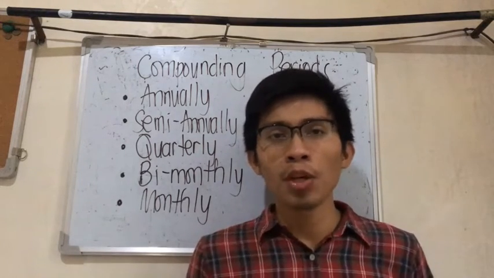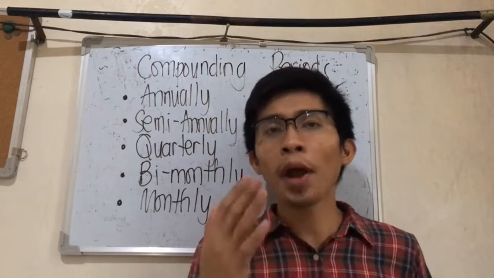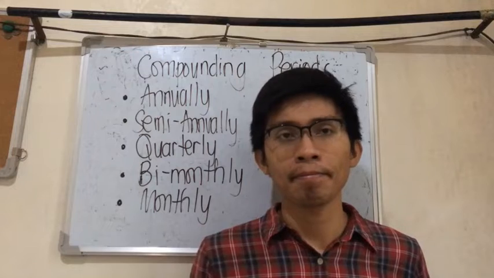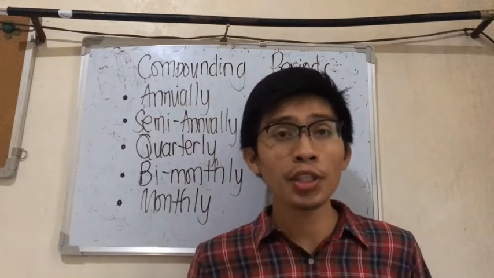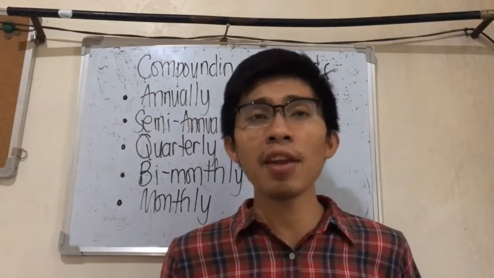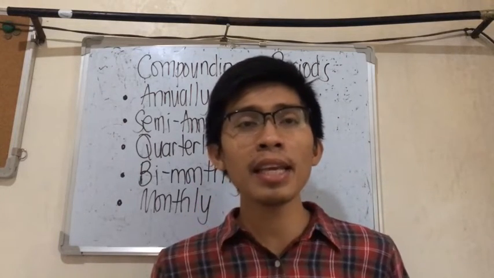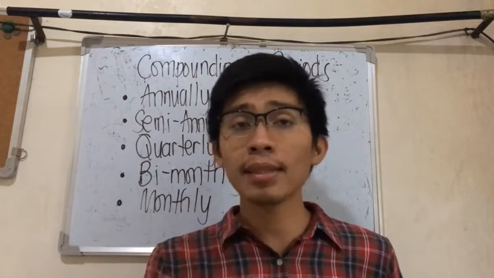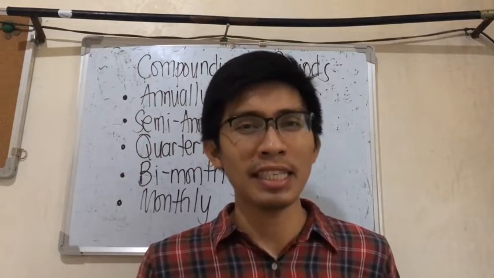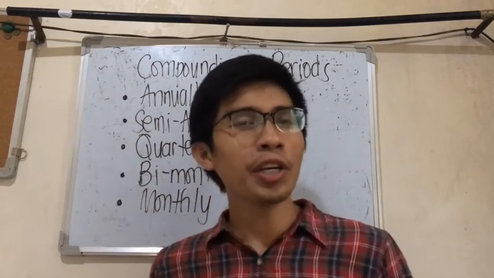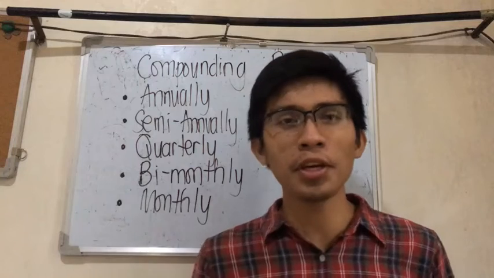You observe the problem, where is the adverb of frequency, or those words that end with ly. And once you identify that one, automatically, those adverbs of frequency in a problem are the compounding periods. That's how easy you identify that one. So now, we are done defining compounding periods.